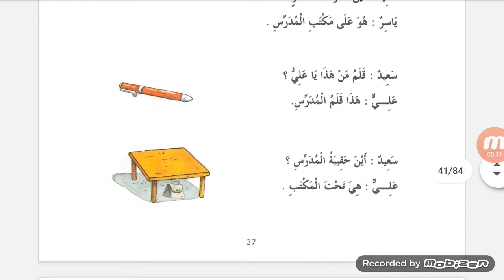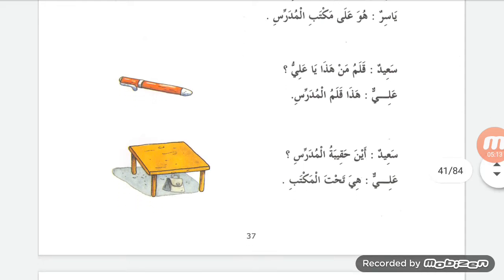Yasir: هو على مكتب المدرس. It is on the desk of the mudarris, teacher. And remember, the mudaf, the item that is possessed in a possessive phrase, will not have an alif lam, will not begin with an alif lam, but the mudaf ilayh can have an alif lam.